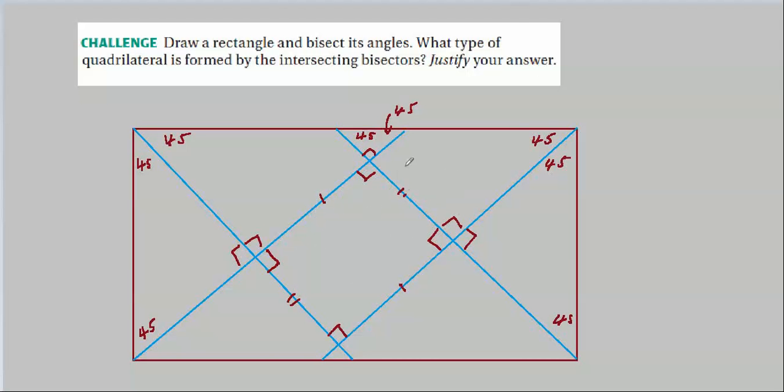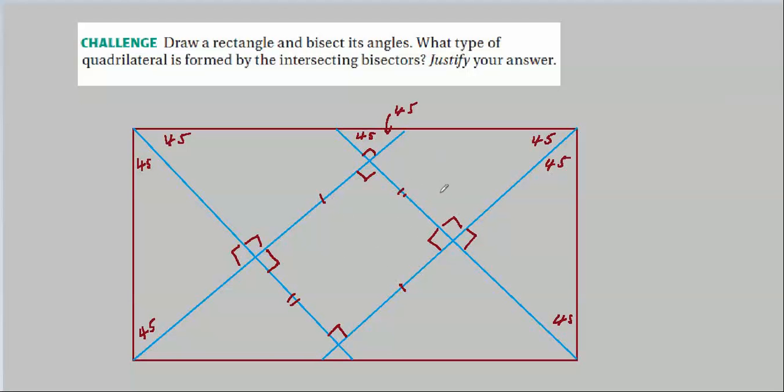Now, if we think we have a square, we're going to have to show that consecutive sides are also congruent. These are all 90 degrees, so we're not trying to prove it's a kite. We know that opposite sides are congruent. Now, if we can show that the consecutive sides are congruent to the opposite sides, that means all 4 sides are congruent.